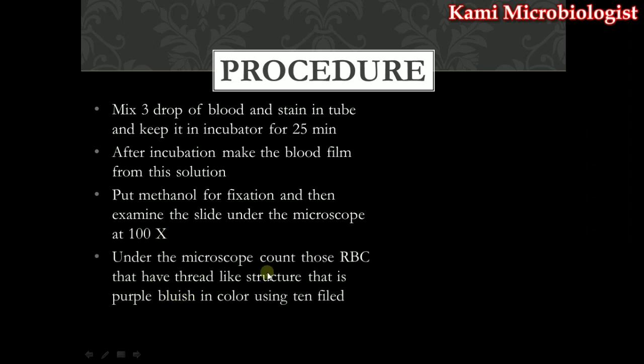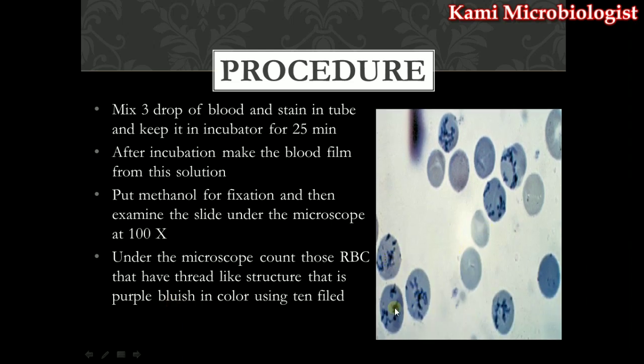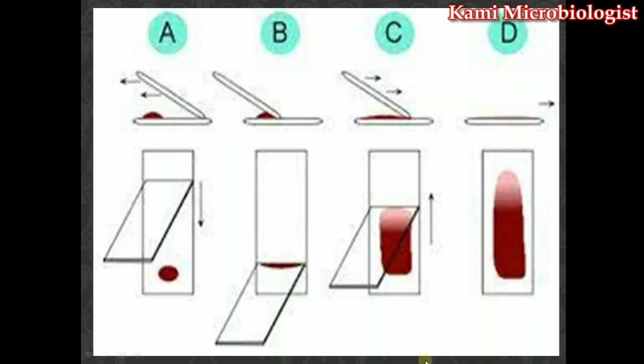Now under the microscope we find the RBCs, and we also find some thread-like RBCs. Inside the RBC there is a thread-like structure, so we have to count those types of RBCs using 10 fields, and these RBCs have a purple-bluish color, as you can see in the picture. So we have to count these types of RBCs in 10 fields. That's how we can perform that test.